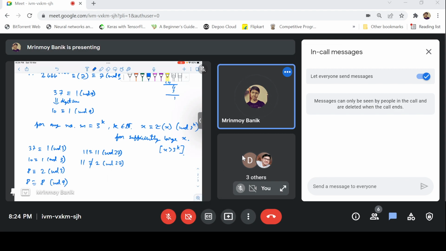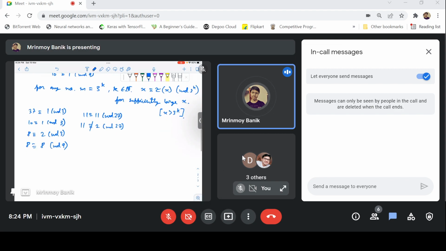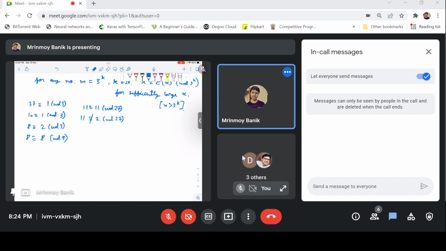Okay, so why does this happen? In a decimal expansion, suppose we have a number n of the form a, b, c, d, e. I'll assume this is the units digit, so it's 10 power 0, this is 10 power 1, and this is 10 power 4.